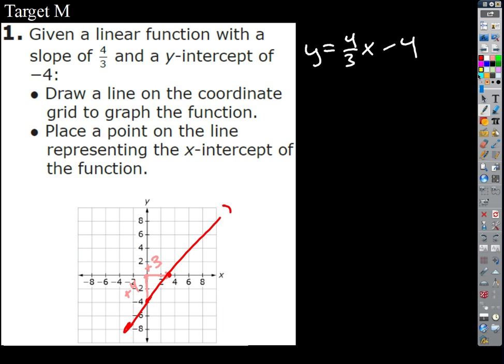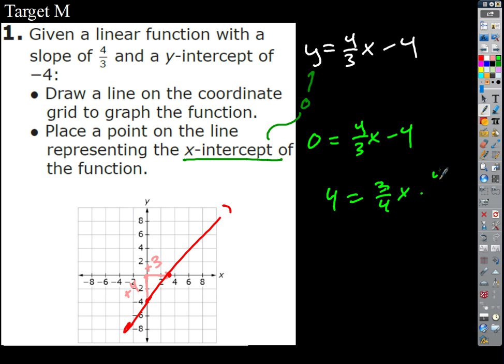If I want to find the x-intercept, it's going to be where y equals 0, right? So if I plug 0 in for y, I would just get 0 equals 4/3 x minus 4. If I wanted to solve for x, I would add the 4, right? I'd multiply each side by 4/3. Or, oh, sorry, I wrote that backwards, didn't I?